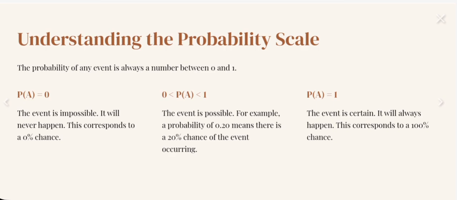Now, what if we wanted to flip, let's say, two coins? What are the possible outcomes? What's the sample space for flipping two coins? To help us get the answer, we're going to create something known as a tree diagram. So when flipping the first coin, we have two possibilities, heads or tails.